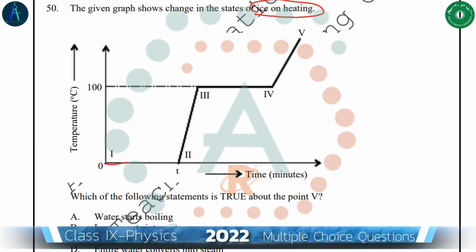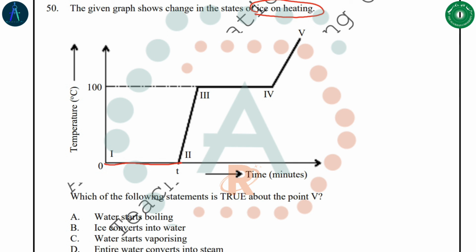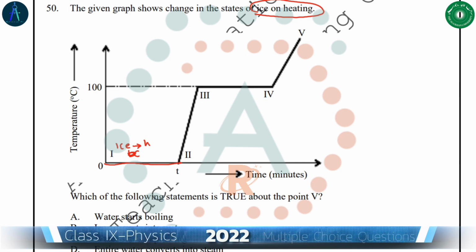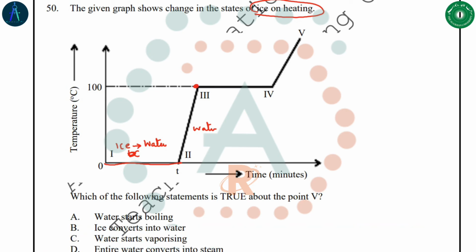So, from point 1 to 2, we have a constant temperature. It means there is a conversion process. The ice is converting into water. Then here we have only water because the temperature is increasing, and at this point it is the melting point.